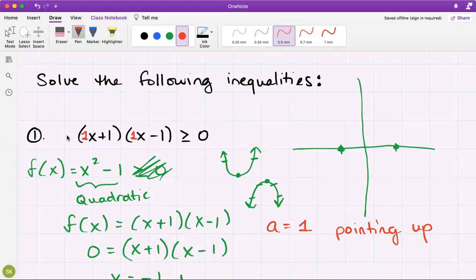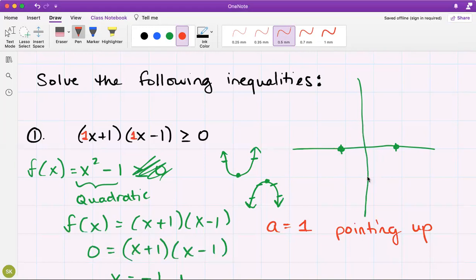As long as I don't have any negatives like on the outside or a negative here, we just need to multiply the x terms. So whatever we get with the x squared term, that's going to determine if our graph is pointing up or down. Since we're pointing up, now these are symmetric and they're both a unit apart. We could also find the vertex if we wanted to, but I know that this graph is symmetric.